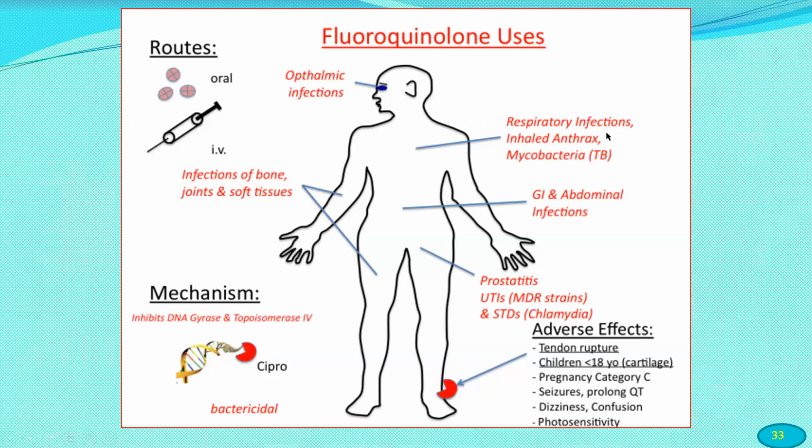Whereas in respiratory infections, like inhaled anthrax, and mycobacteria, it's also effective. Whereas the other bacteria affecting the GI tract and abdominal infections, especially irritable bowel syndrome and SIBO, small intestinal bacterial overgrowth, are effectively treated with norfloxacin.